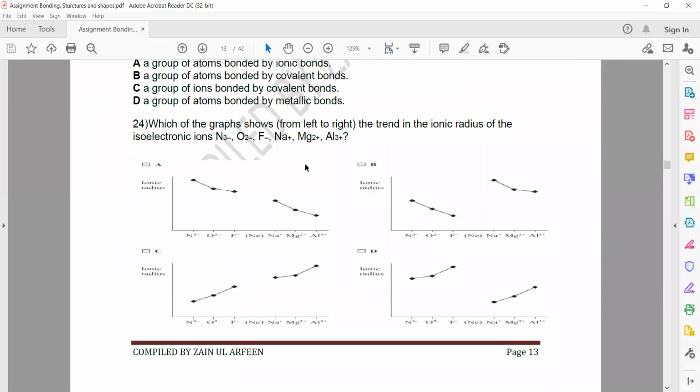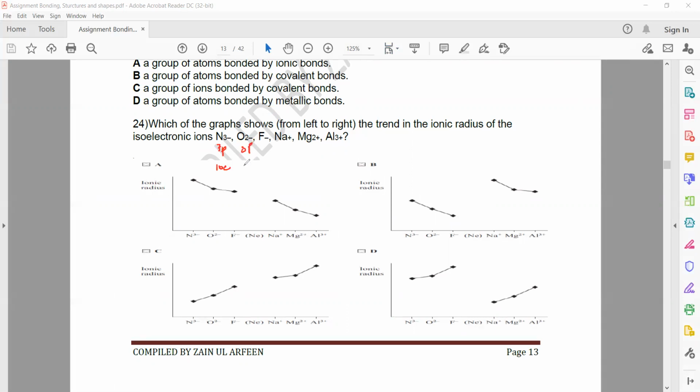In question 24, which of the graphs shows from left to right the trend of ionic radius? So these are all isoelectronic. How are they isoelectronic? Because nitrogen has 7 protons and 10 electrons.